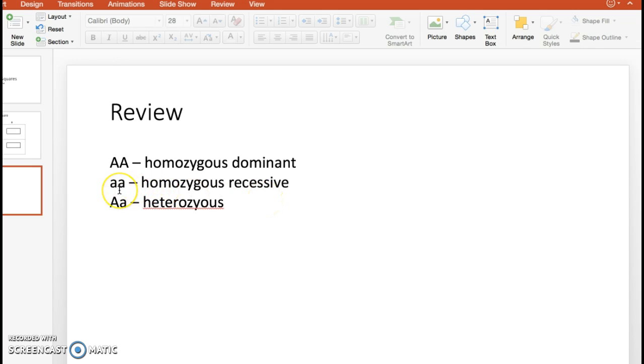Because remember, we use lowercase letters for recessive and uppercase letters for dominant. Then remember, when we have a dominant and a recessive, it's a heterozygous pair because they're different. Remember, homo means same, and that's a clue to remember when you have the same letters.